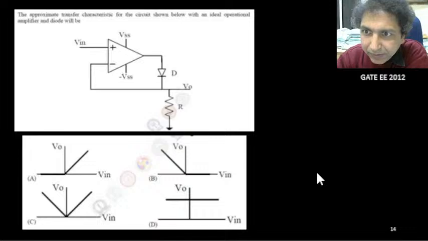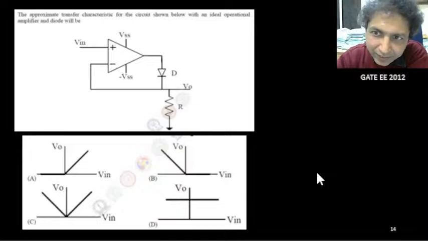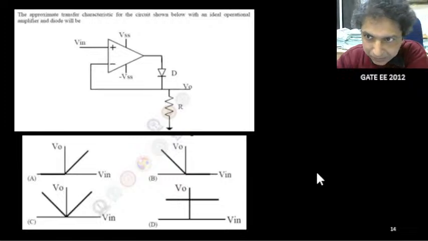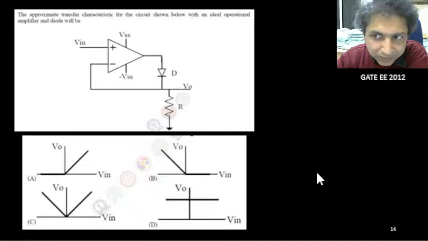One diode is connected from the output to the negative, inverting terminal, and then one load R is connected at the output side, and the input is connected to the non-inverting terminal. What is the corresponding output? Can you find the input-output relation?